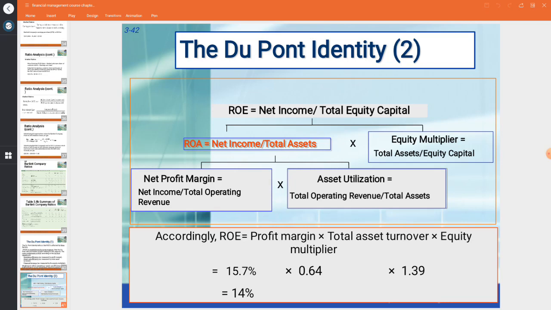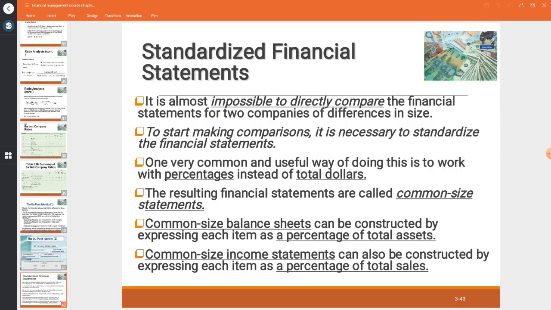But by splitting the return on equity into different subsections, splitting it into net profit margin, total asset turnover, and equity multiplier, then you are aware of the situation in this firm and what is mainly responsible for increasing or decreasing the return on equity.